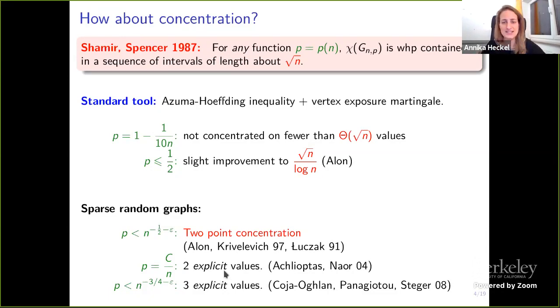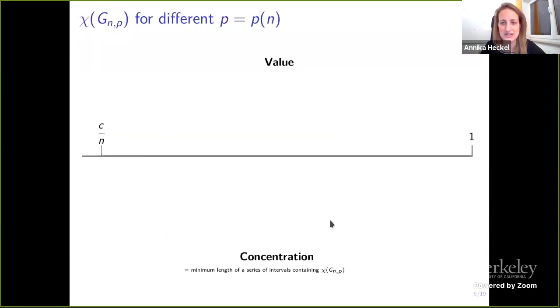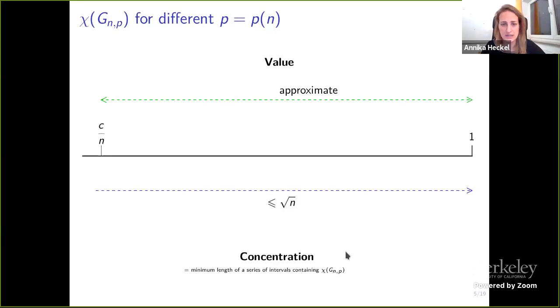Okay, so in the next picture, I'm just going to do a review of what we know. Okay, so the value we know approximately pretty much everywhere that we're interested in. So this is an asymptotic result, the Bollobás result from 87, and then the generalization by Łuczak. We also have a general upper bound on concentration by Shamir and Spencer.